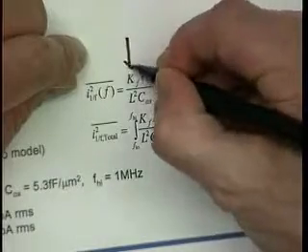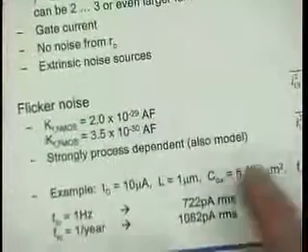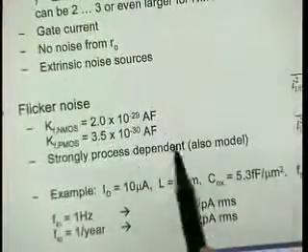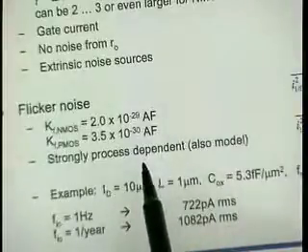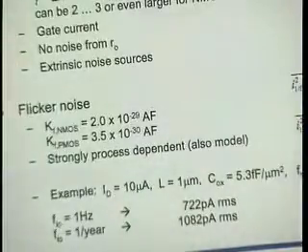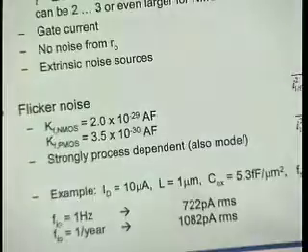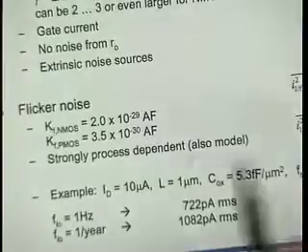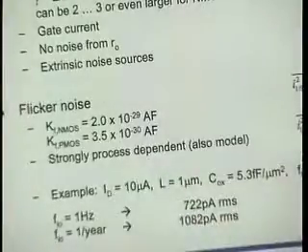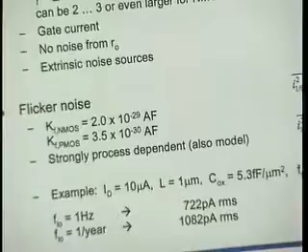So it depends on KF. This KF is a technology parameter, and for our technology, I've listed what it is here, and that's often the hardest thing. When you get a technology, you know that the devices probably have 1/f noise, right? All of them had so far that I've used. But how much do they have? Well, somebody's got to measure it, and many foundries, they don't measure it.